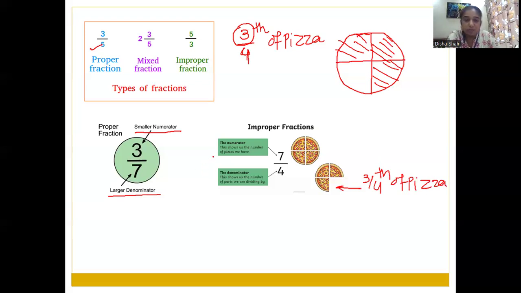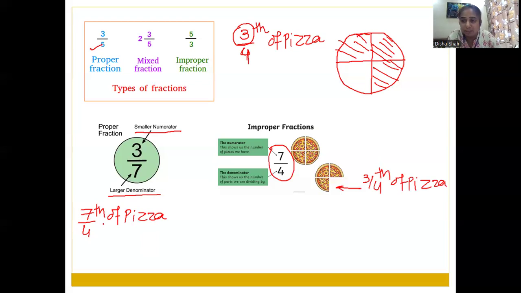Now, but if your mother says that you can have 7/4 of a pizza, what does this mean? Now, 7/4 is an improper fraction. Why is this called an improper fraction?